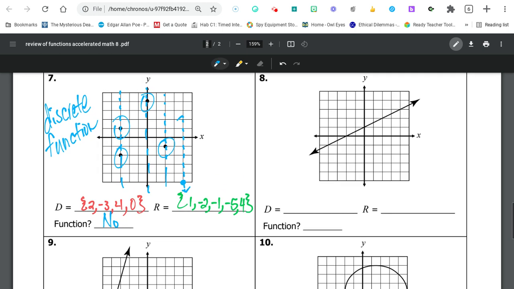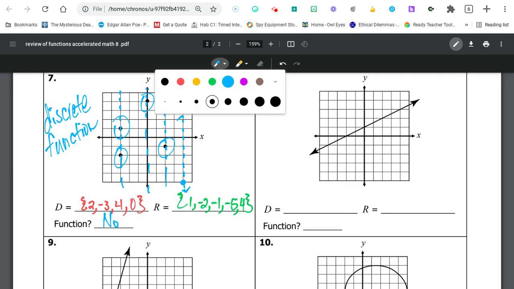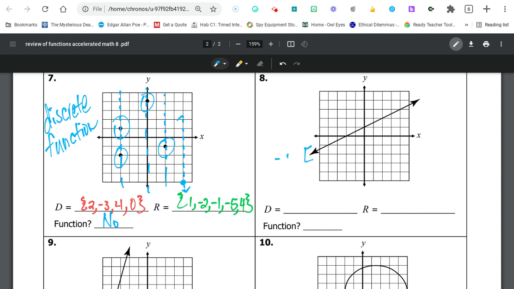All right, so for 8, this is what you should have gotten. To the left, it approaches negative infinity. To the right, it approaches positive infinity. So your domain is negative infinity to positive infinity. And most of you probably just put all real numbers. Your range is also the same thing. How far down does it go?